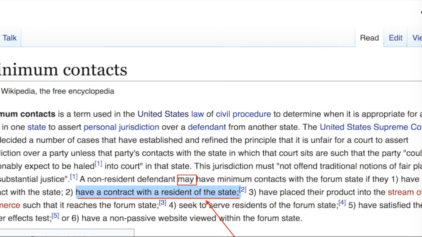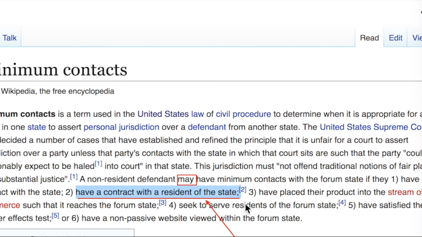If we go back to Wikipedia, their explanation of minimum contacts, and if you remember, they said you can incur a minimum contact if you have a contract with a resident of the state, or rather a contract with a person in the jurisdiction. So if you get a bank account, is that a contract with the state resident?